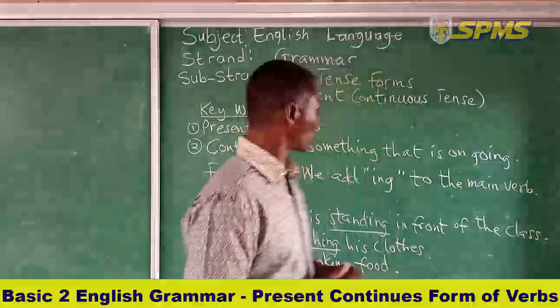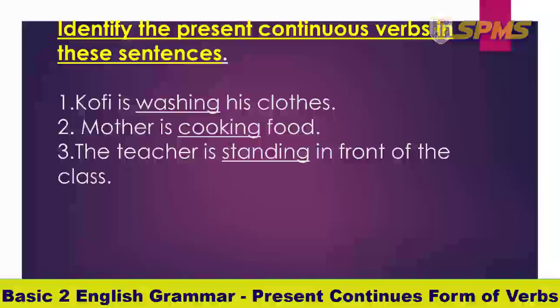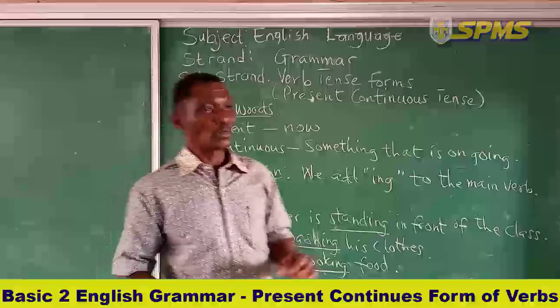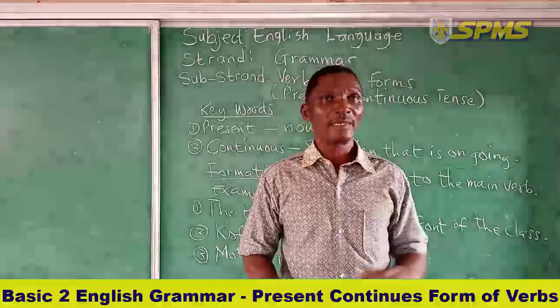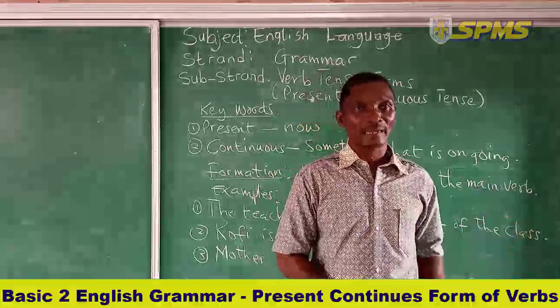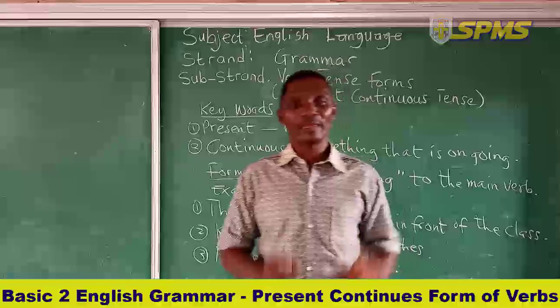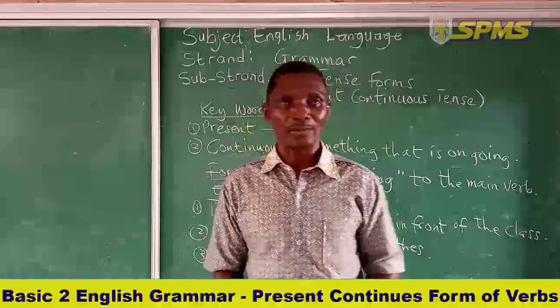For example, the teacher is standing in front of the class. The verb stand, we have added ing to become standing. So the rule is that we add ing to the main verb in addition to the subject of the sentence. That is how we form the continuous form of verbs.